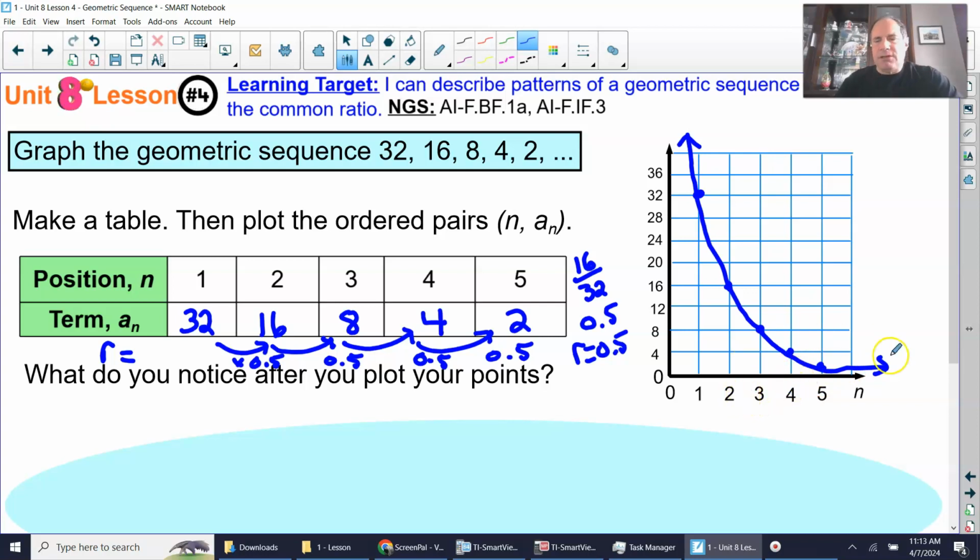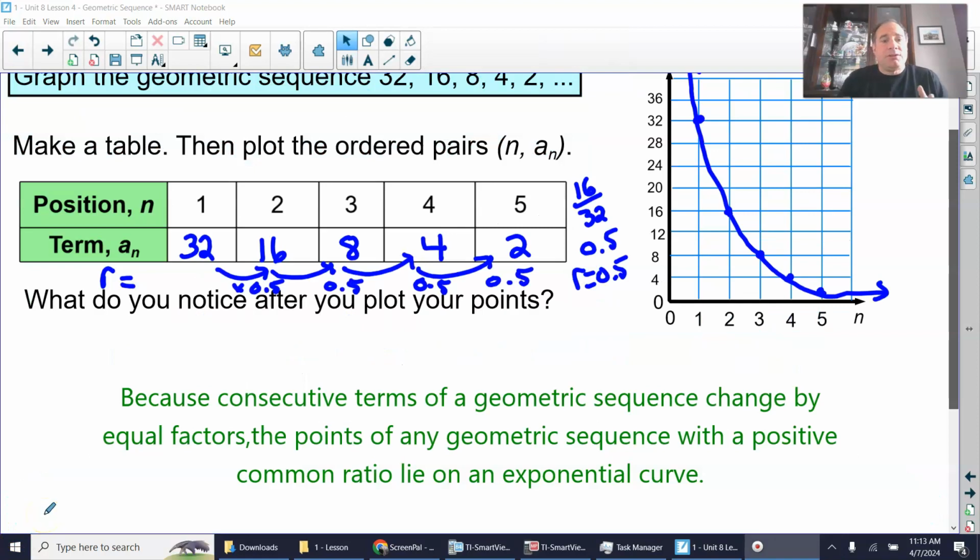And what do you notice after you plot your points? So it's basically saying because the consecutive terms of a geometric sequence change by equal factors, meaning that it has a ratio that is the same, the common ratio, the points of any geometric sequence with a positive common ratio lie on an exponential curve. So it's a curve going downward instead of something like maybe going up.